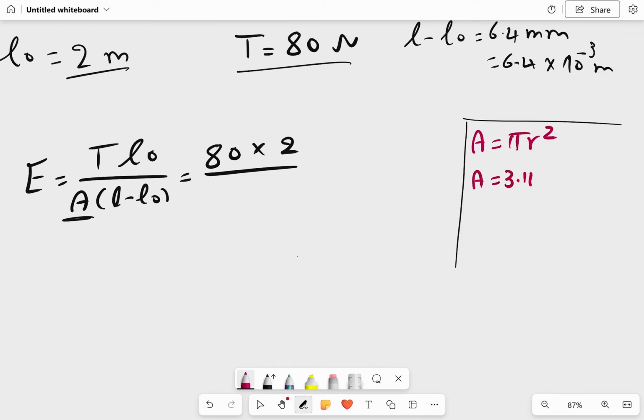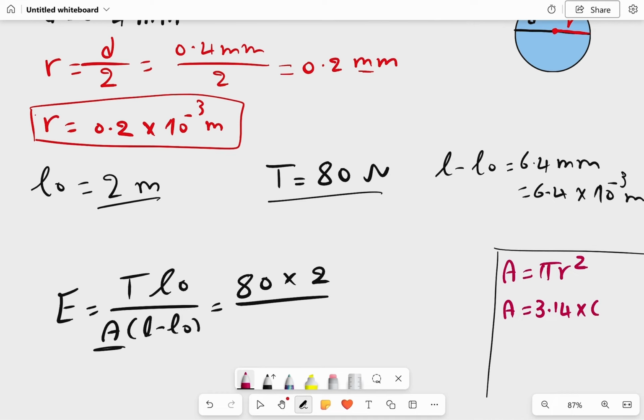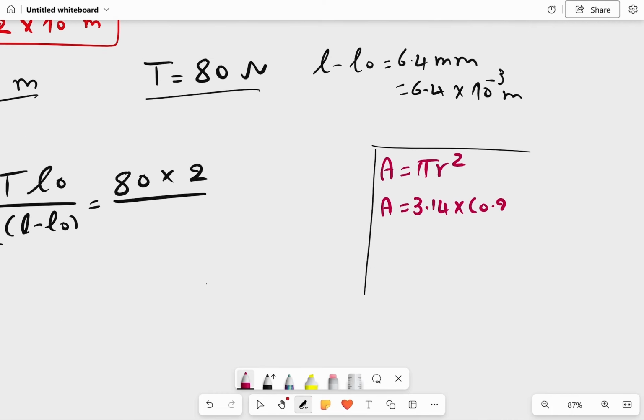Then A will be 3.14 times, what was the radius? 0.2 times 10 to the power of minus 3, and all of it squared. This is for finding area. Then you will have area equal to 0.1256 times 10 to the power of minus 6.